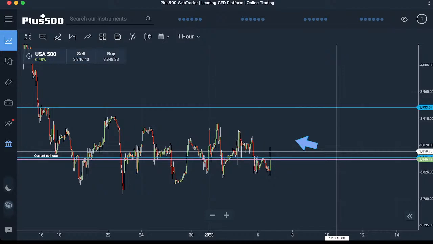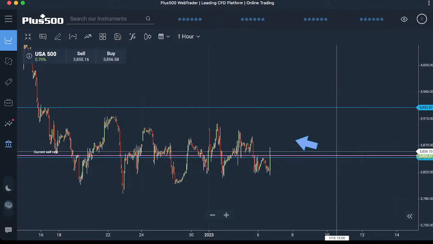We have to see the numbers now. Let me see the price action. This is the 1 hour chart, so consider this push to the upside.